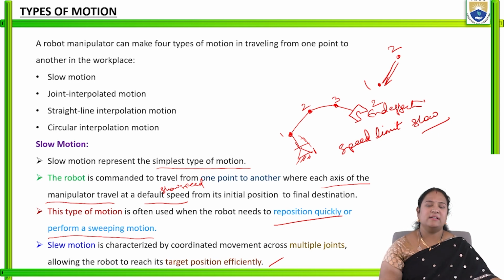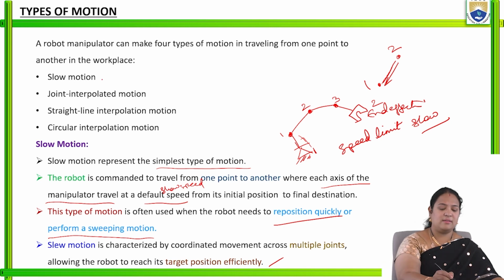The slow motion is one of the simplest types of motion acting on the robot manipulator, where it requires multiple joints to reach its target position efficiently. The movement of the robot from one point to the other point takes place about the axes of the manipulator, which travel at a slower speed from the initial position to reach the final destination, right?